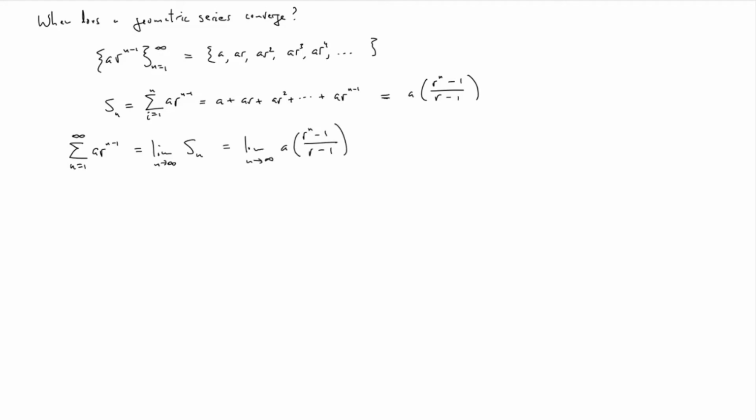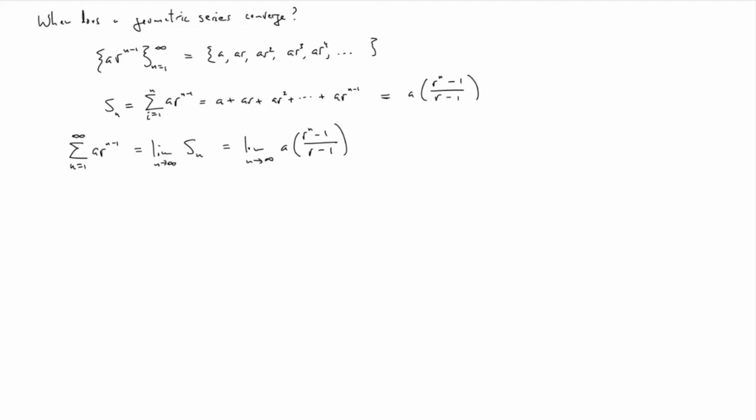And since in this case we have a formula for the nth partial sums, we have that the geometric series, sum n equals 1 to infinity of a times r to the n minus 1, is equal to the limit as n goes to infinity of a times the quantity r to the n minus 1 all over r minus 1. So if we can compute that limit, that will tell us what the series is equal to.